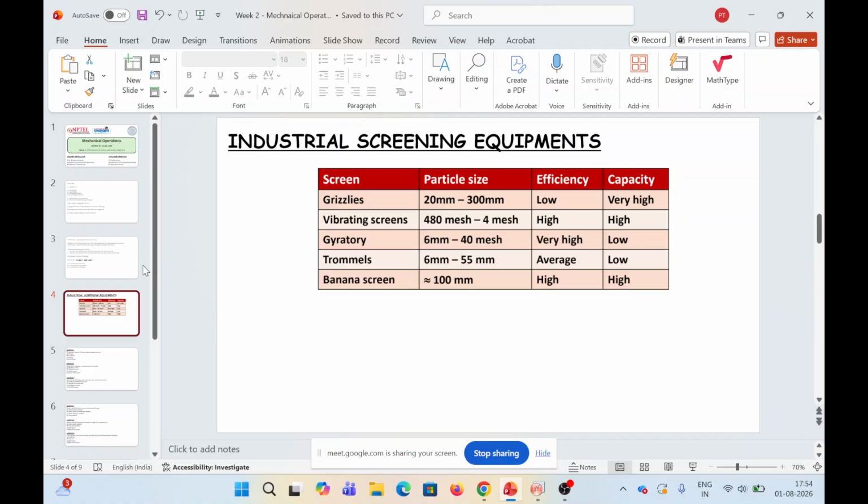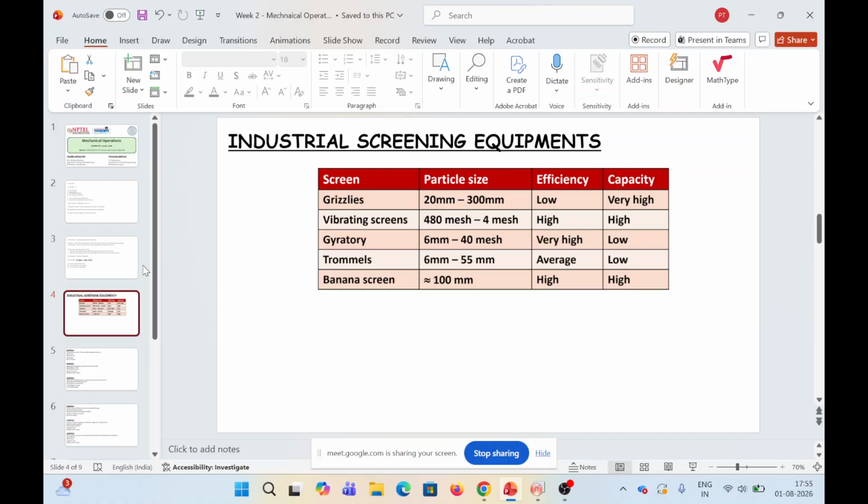But the basic overview or the difference between each type of screen is this. They differ in terms of efficiency, capacity, and particle shapes. In case of grizzlies, the capacity is very, very high. However, in case of gyratory screens, the capacity is very, very low. So depending upon the type of applications we have in mind, different types of screens will be useful for us.